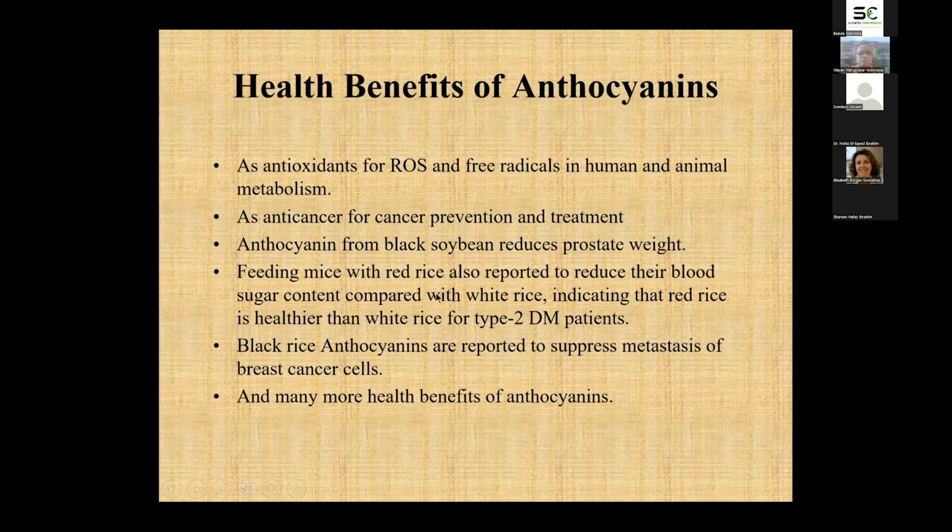Feeding mice with red rice also reduced their blood sugar content compared with feeding with white rice, which indicates that red rice is healthier than white rice for type 2 DM patients. Black rice anthocyanins are reported to suppress metastasis of breast cancer cells, so to reduce the intensity of growth of the cancer cells, and there are many more health benefits of anthocyanins.